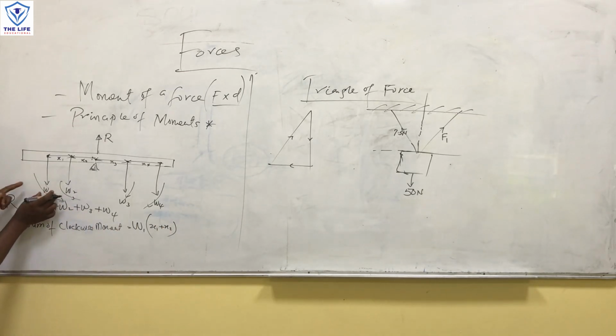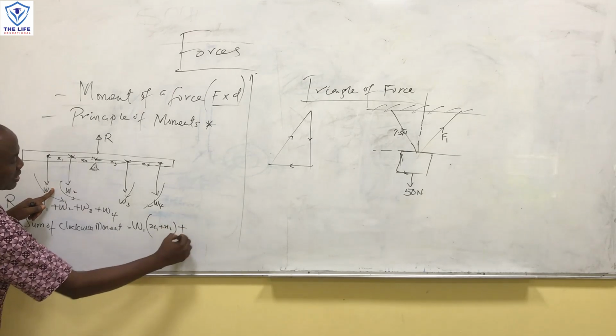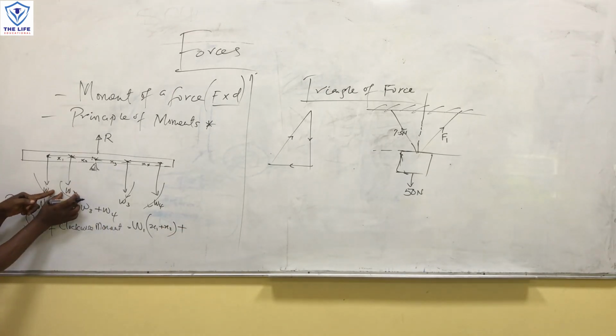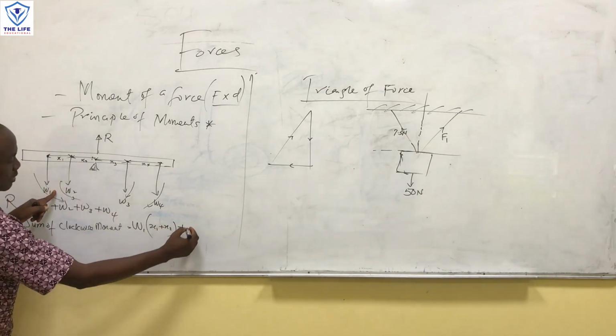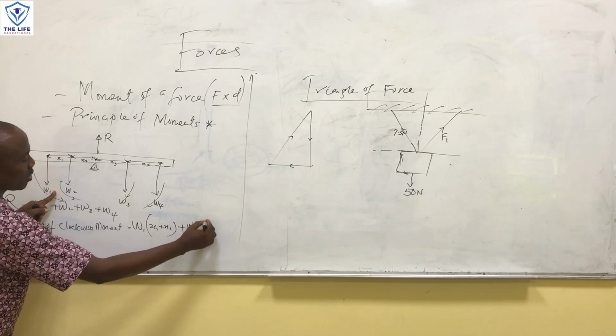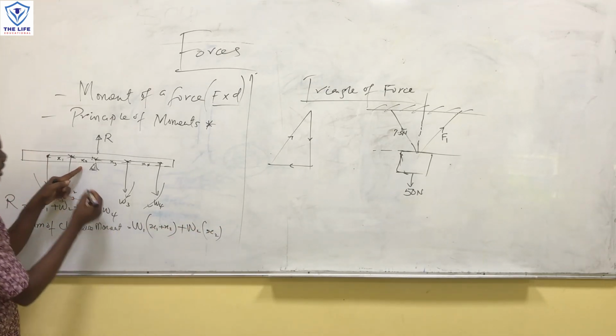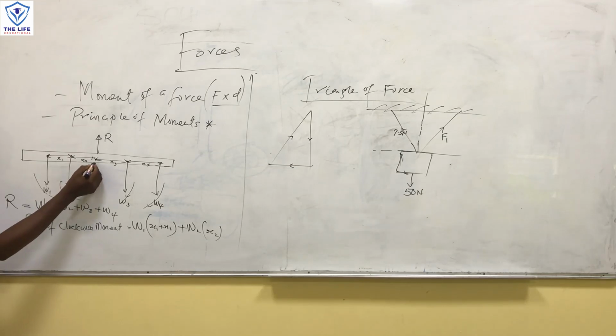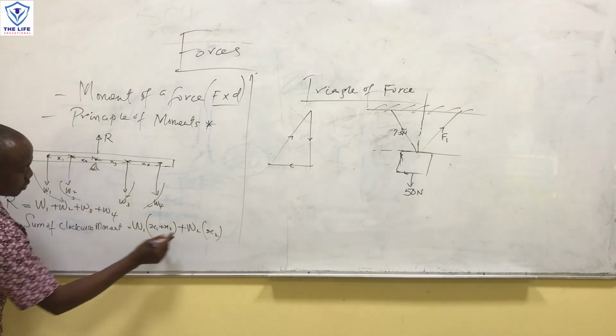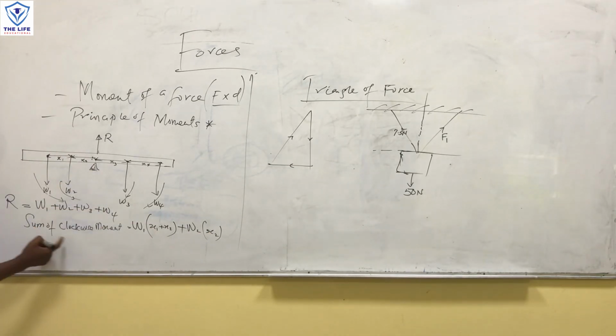That's the first one. Plus the second force's moment, which is W2 multiplied by x2. It is x2 because the distance of W2 to the pivot is x2. That's why we need only that distance. So that's for the anti-clockwise moment.